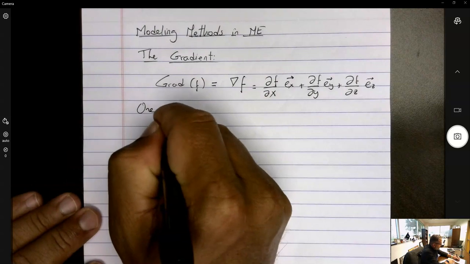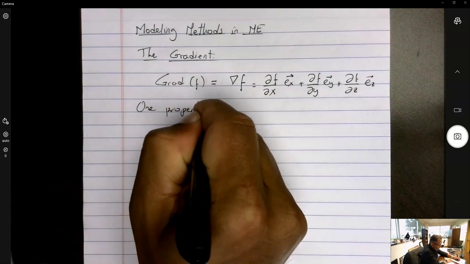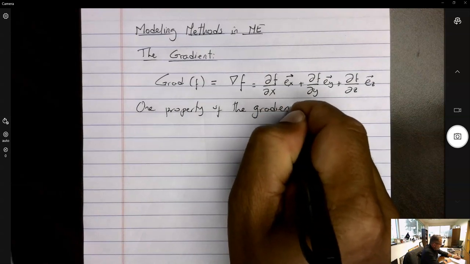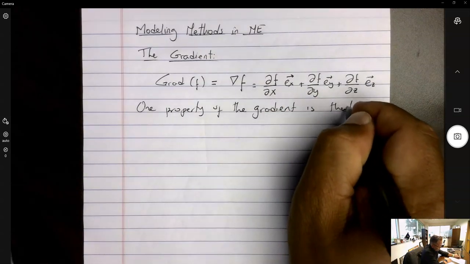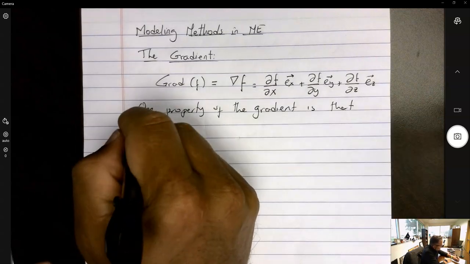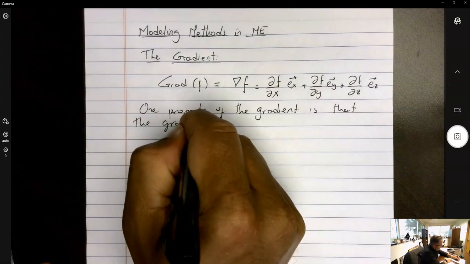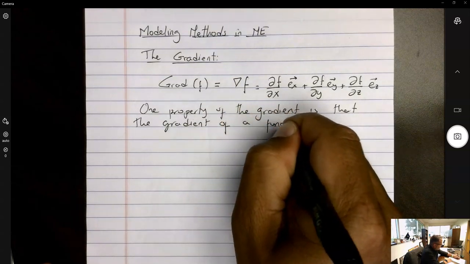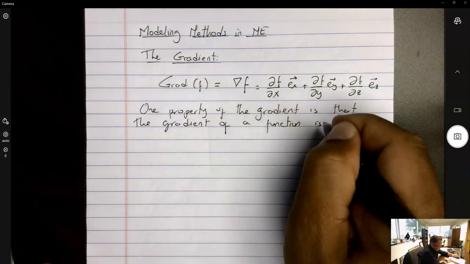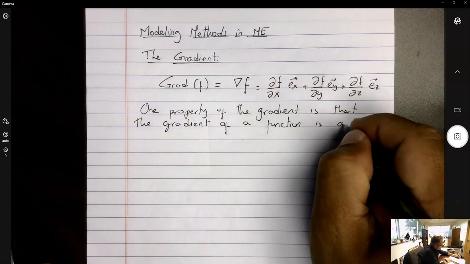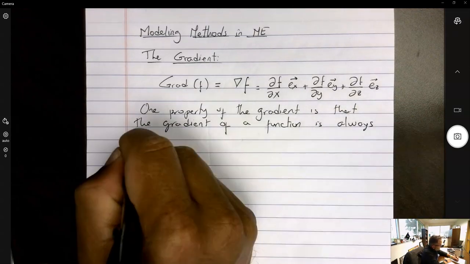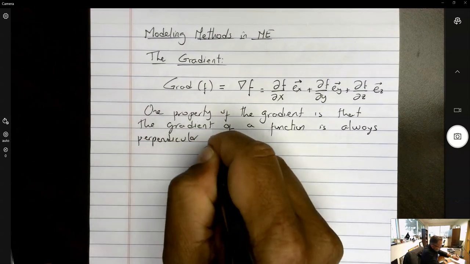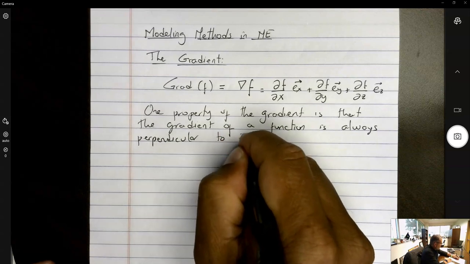So one property of the gradient is that the gradient of a function is always perpendicular to its level curves.